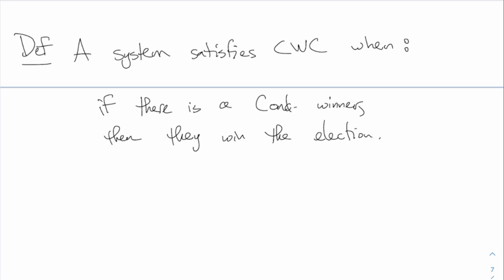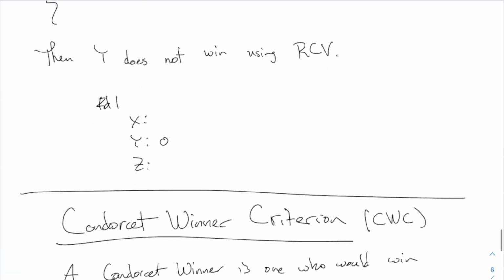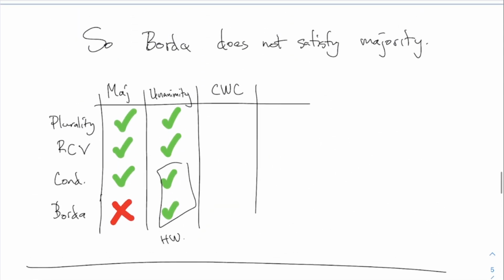All right. This one is easy enough to just look at the chart and immediately say X's and checks. So the easiest one is the Condorcet method does satisfy the Condorcet criterion, because that's the whole point of the Condorcet method: you find the Condorcet winner and you make them the winner of the election. That's what the Condorcet method is all about.